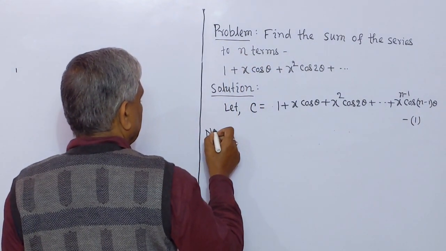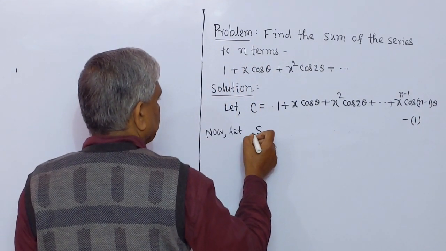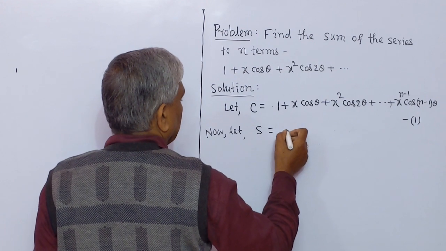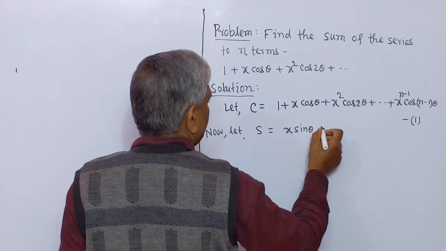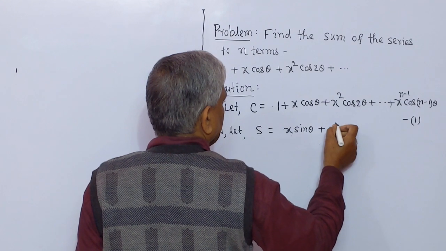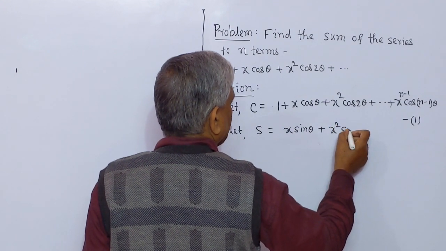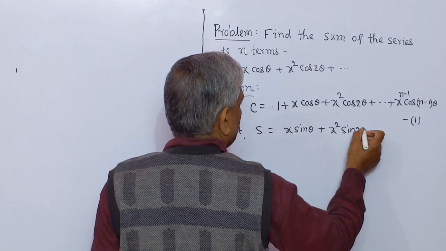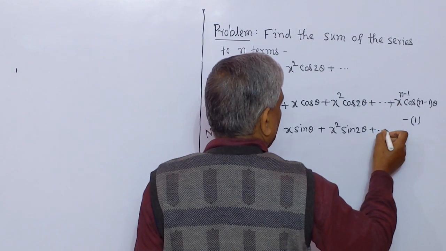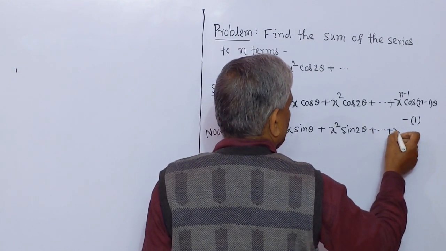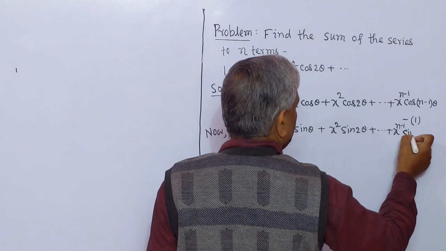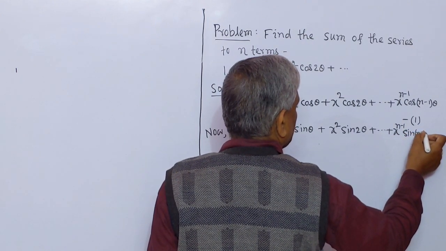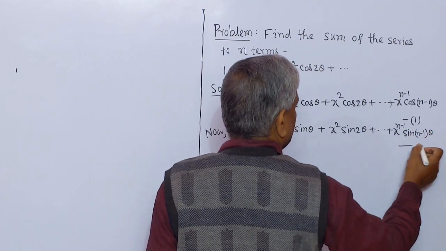Now let S equal to x sine theta plus x square sine 2 theta plus ... plus x to the power n minus 1 sine n minus 1 theta. Let this be number 2.